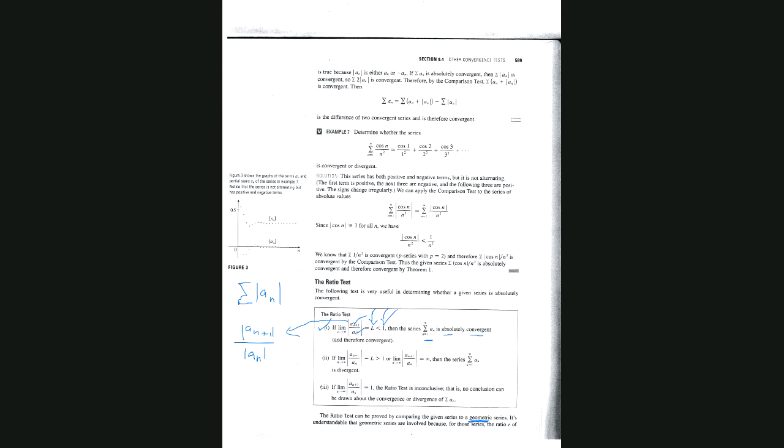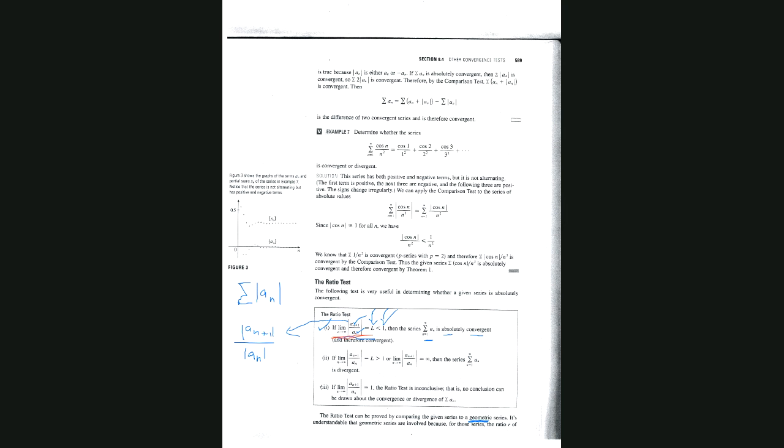Well, what you're saying is this: if this condition here is satisfied, and I'm underlining it in red, you're saying eventually the terms of your series behave like a geometric series, because the limit of the ratio of the terms of the series is going to equal a constant, and that is the behavior of a geometric series.